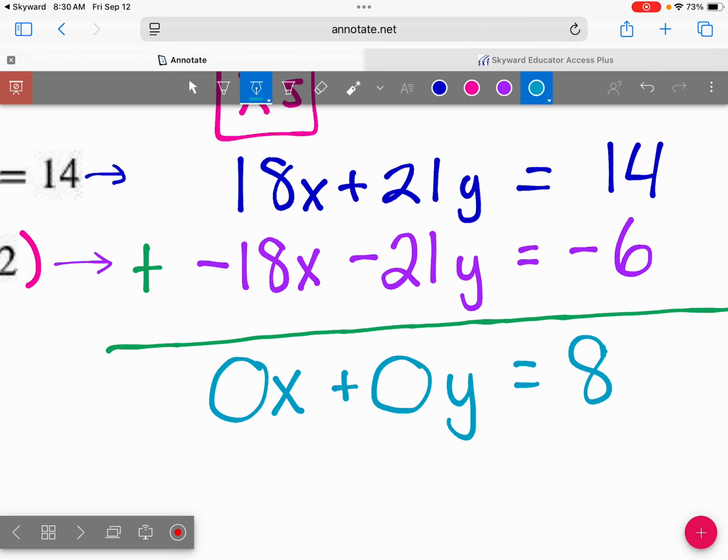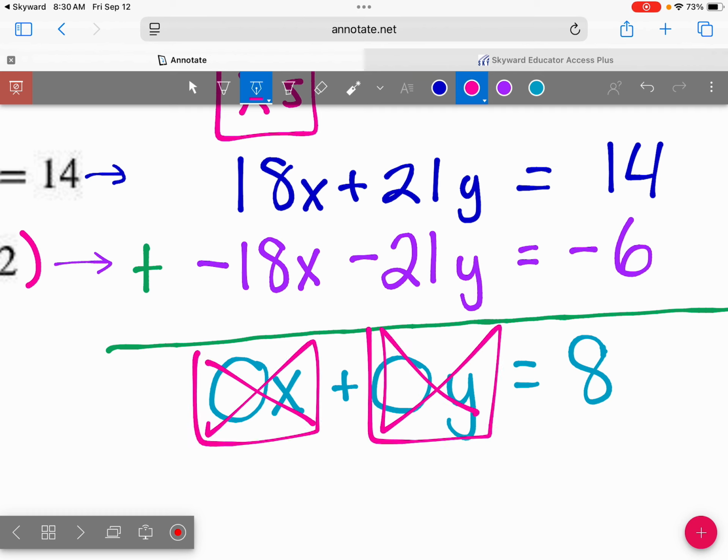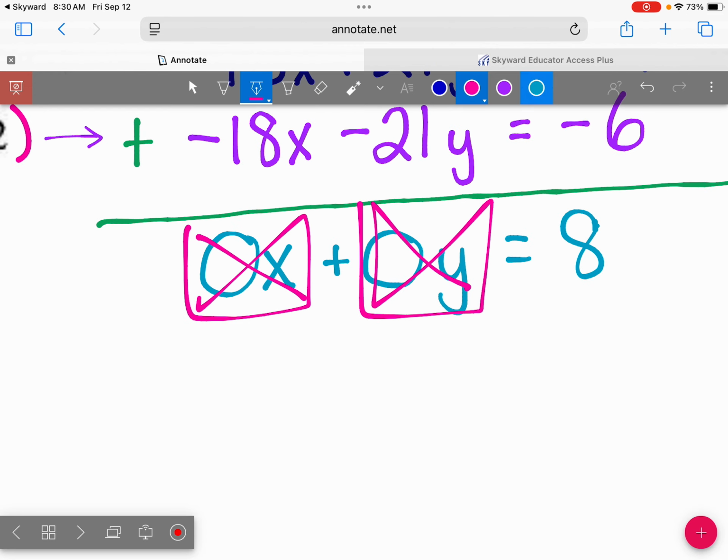I've got 0 x's and 0 y's. So this guy cancels out, and this guy cancels out. What's left over there? Nothing. What's a math word for nothing? 0. So what we have over here is that 0 equals 8.